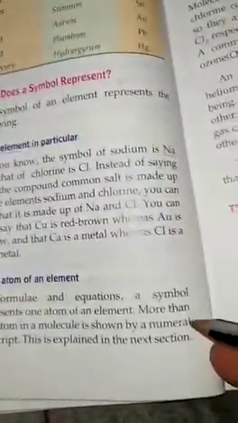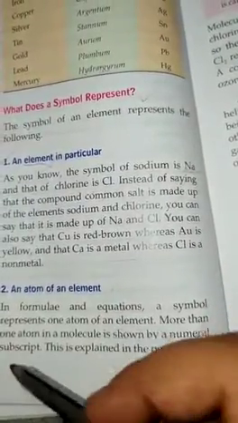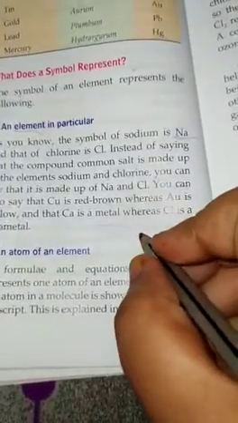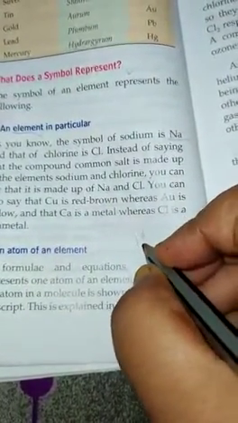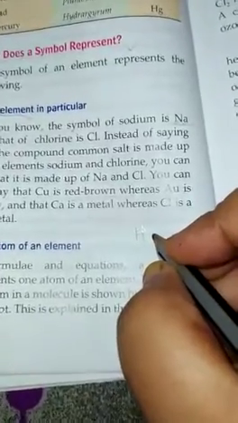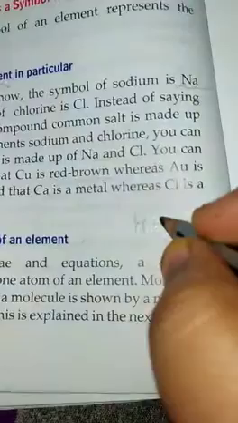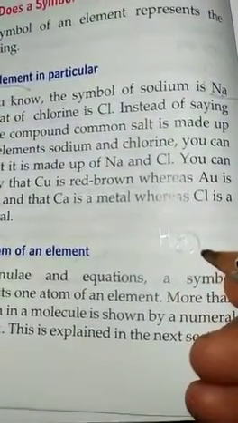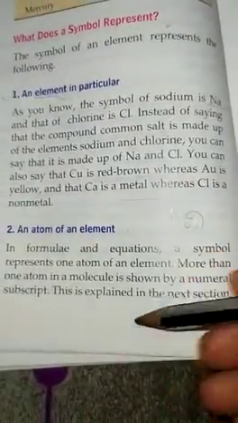And if you use more than one atom in a molecule, it is shown by a numeral subscript. Like for hydrogen, you have to write it as H2. This type of numeral subscript can be used along with the atom of an element. This is explained in the next section.